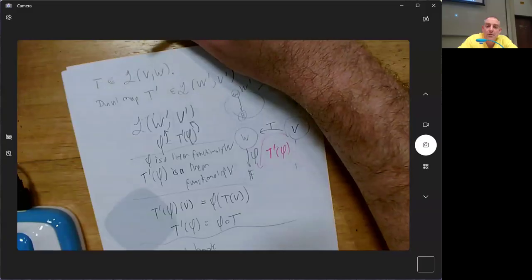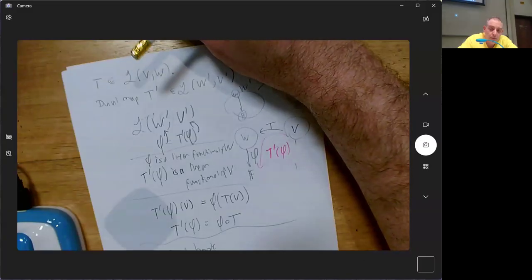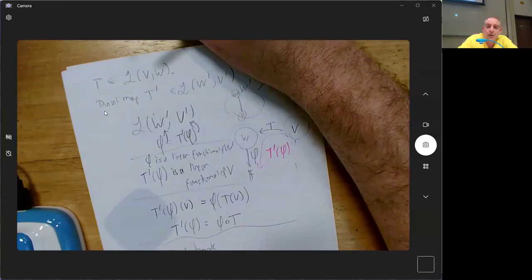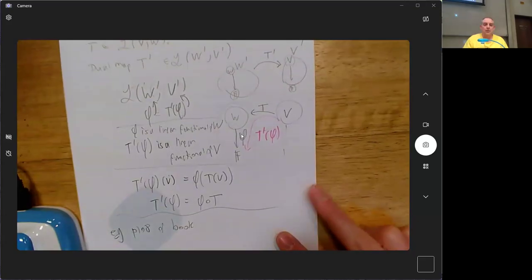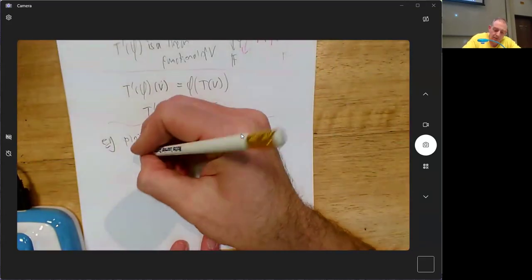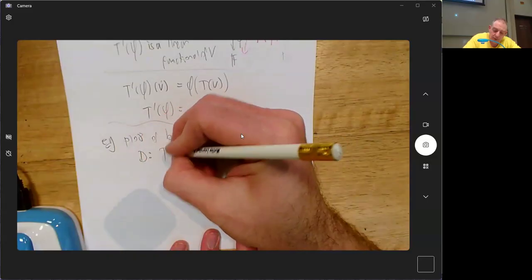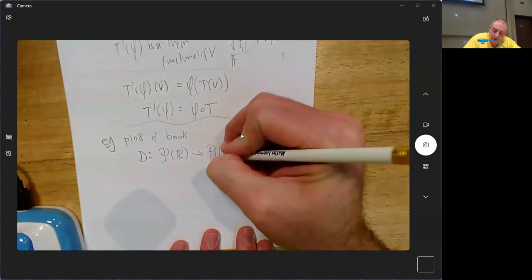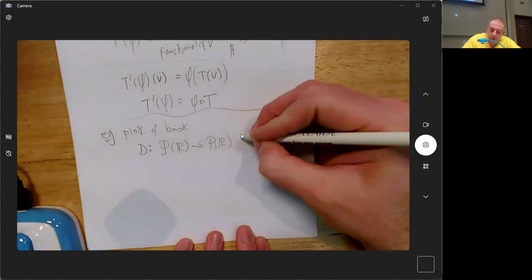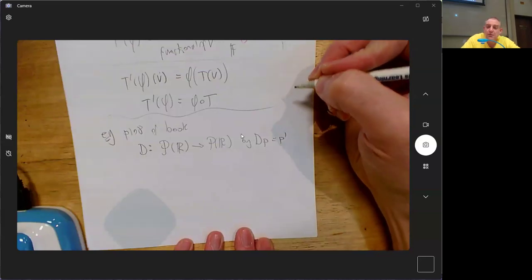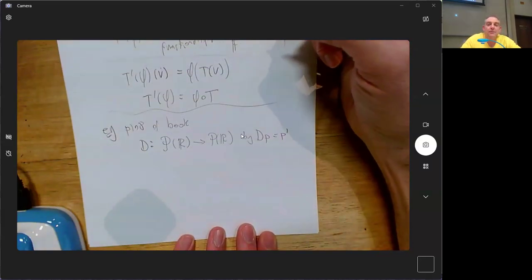Now I'm going to move some things around on my screen. On page 108 of the book, you've got that D sends the polynomials in R to the polynomials in R by D of p is p dashed. Why are we not having brackets, you ridiculous man? Sorry.